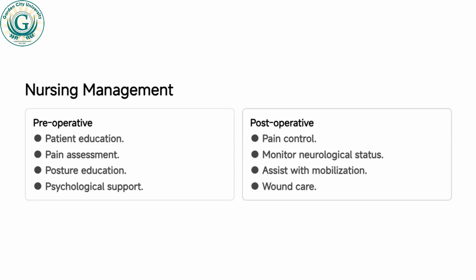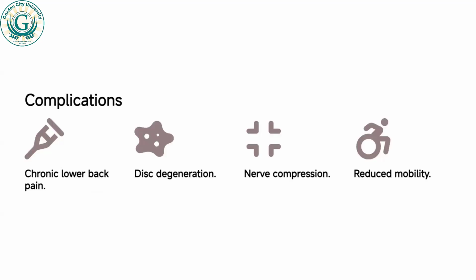We have to monitor if any neurological disorder has occurred as a result of the surgery. We assess the person to ambulate just to avoid any complication like DVT. Wound care, we have to make sure that we dress the wound to avoid any infections.